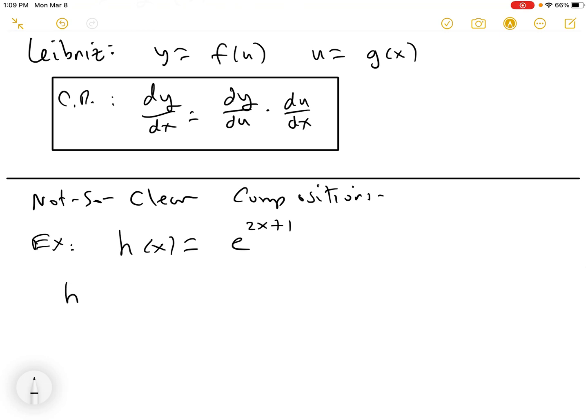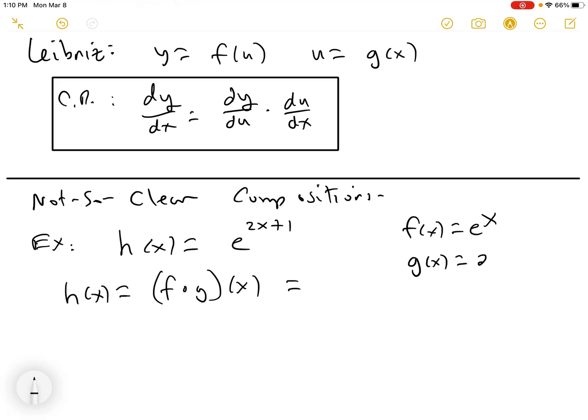Now, h of x is the composition of two functions, f and g of x. The outside function, and if you could see me, I'm doing quotes with my fingers, the outside function is e to the x, and the inside function is 2x plus 1, right? So this is f of g of x, which is e to the g of x, which is e to the 2x plus 1.